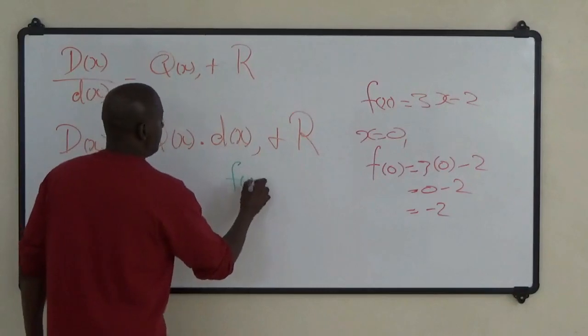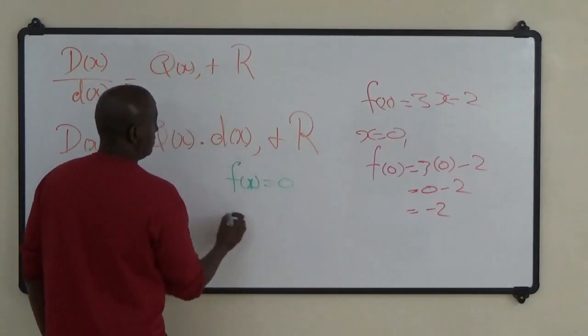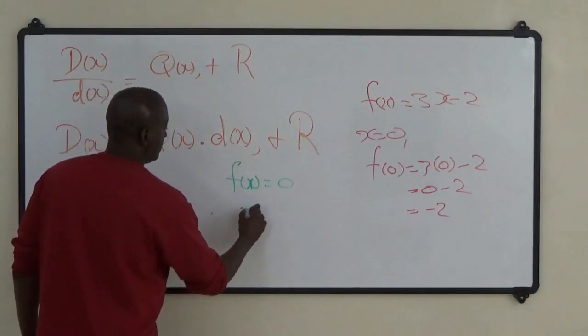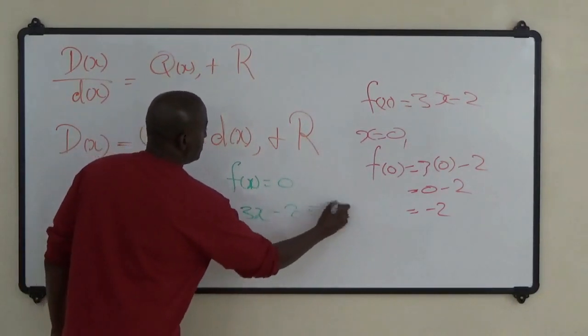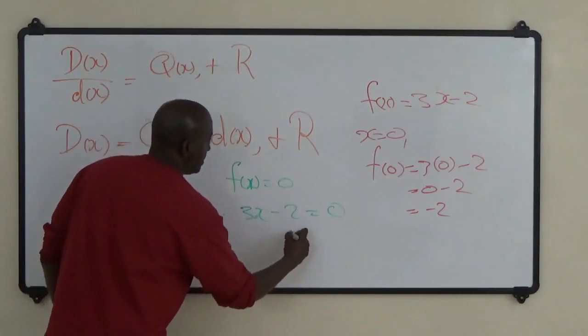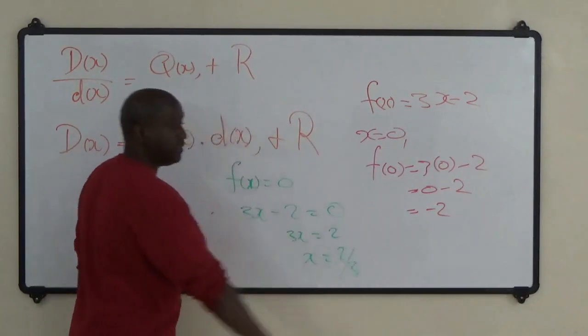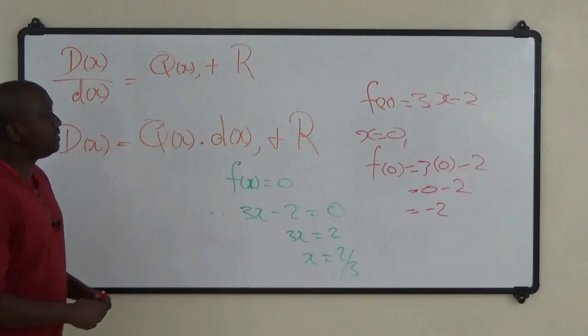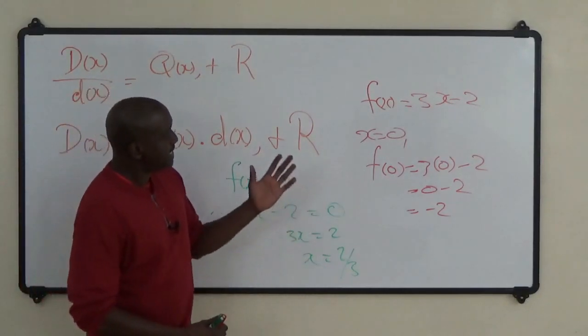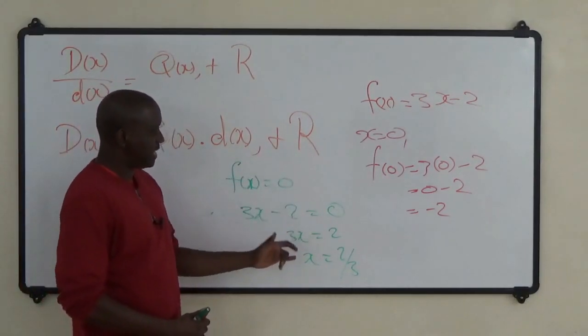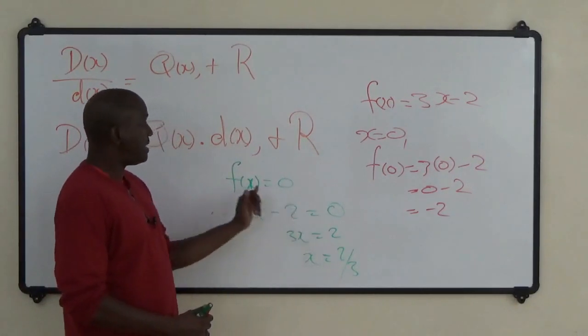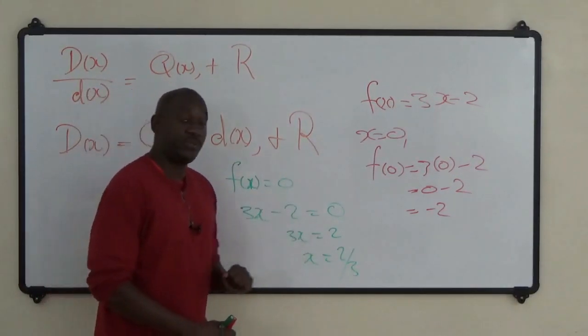If f of x is equal to 0, then it means that 3x minus 2 is equal to 0, which is to say that 3x is equal to 2, which is to say that x is equal to 2 over 3. So in other words, the value of x that makes f of x equal to 0 is x equal to 2/3.